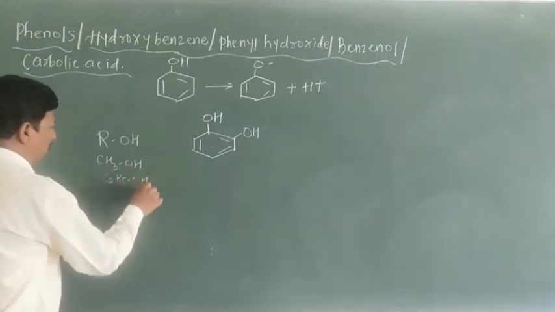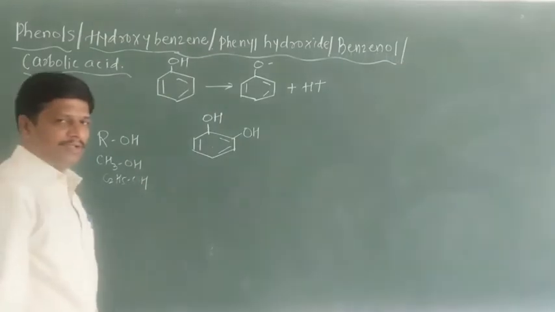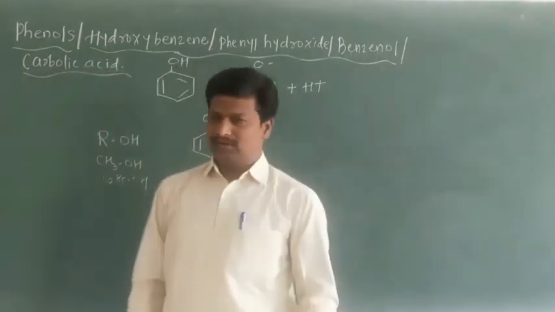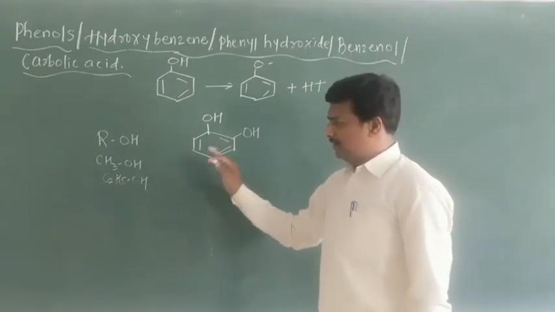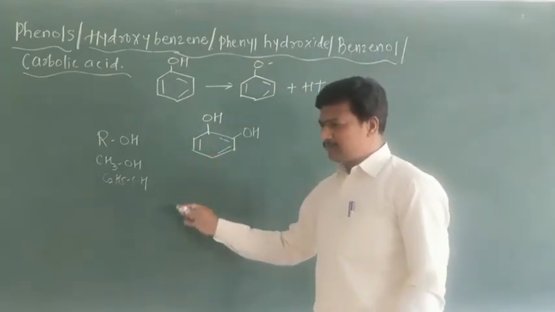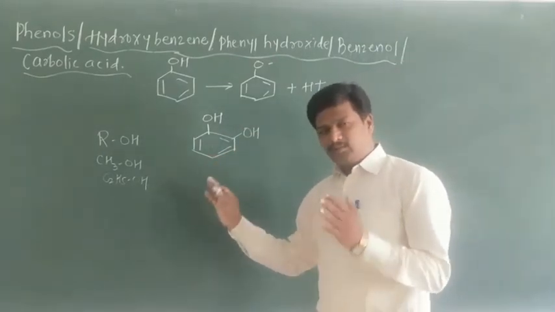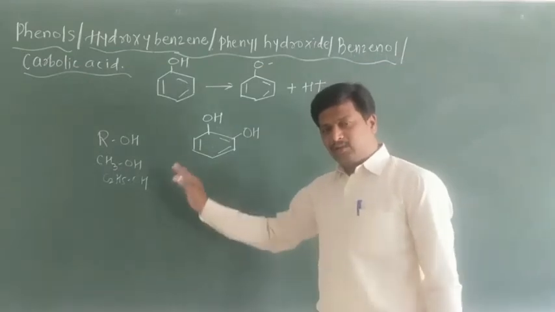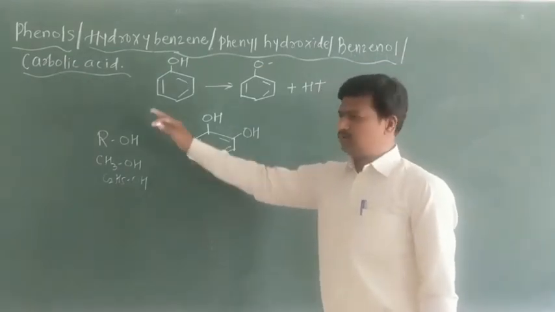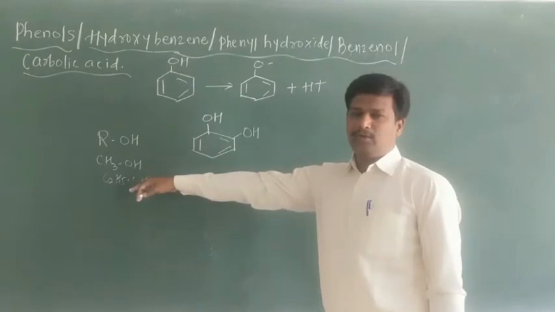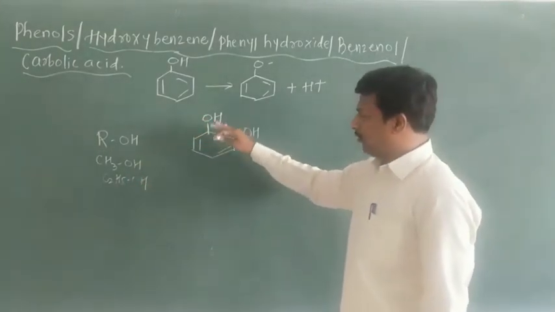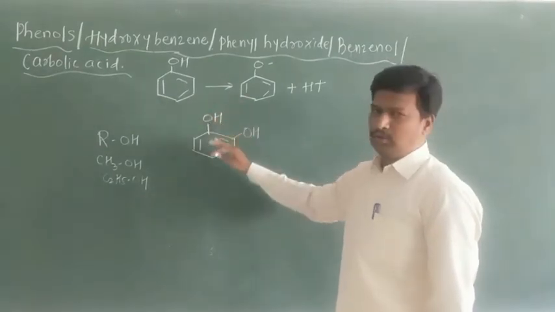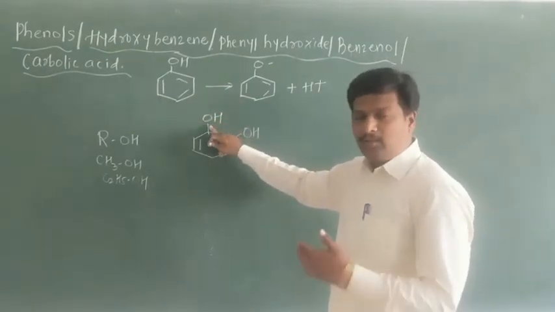So this is the difference: in alcohols the hydroxyl OH group is directly bonded to the aliphatic carbon atom, whereas in phenols the OH group is directly bonded to the aromatic ring.